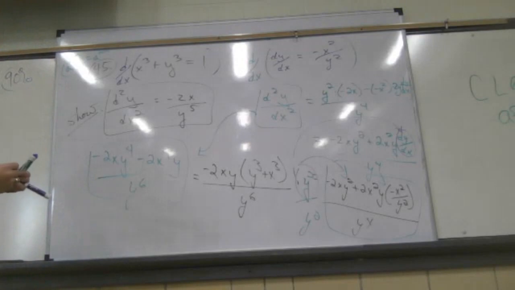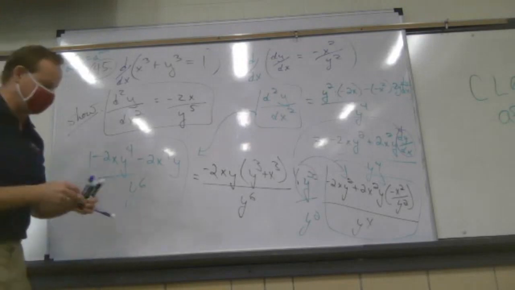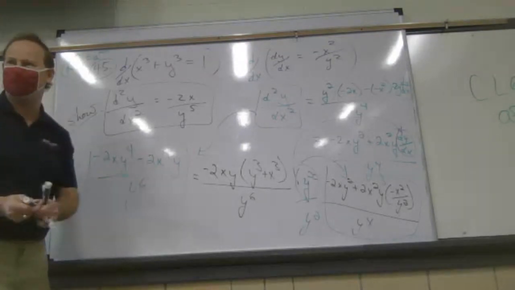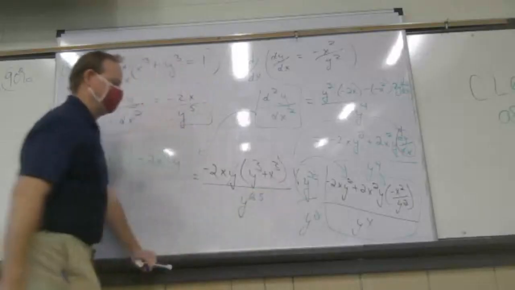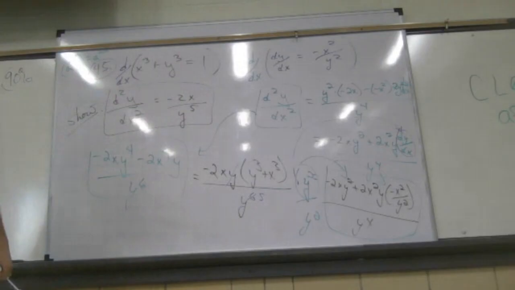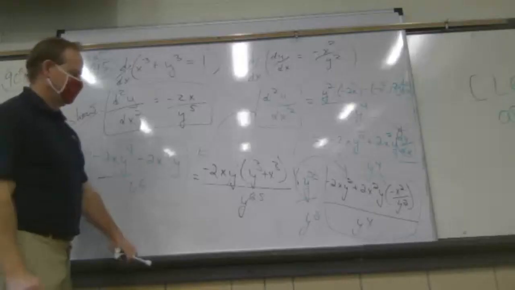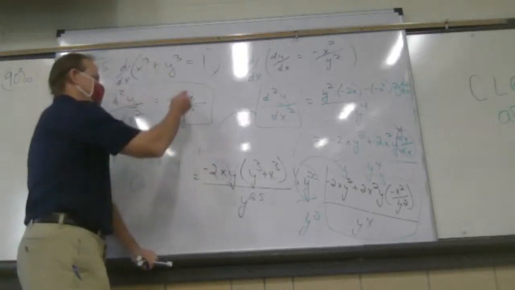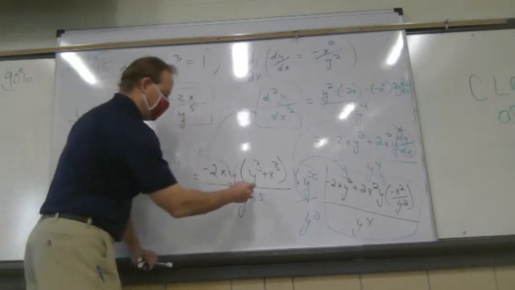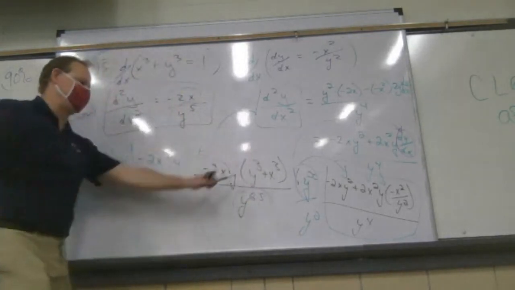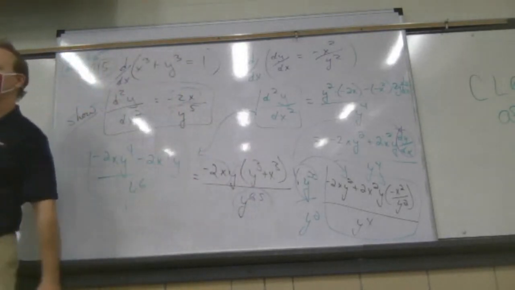Now, I can see real quick, I'm getting closer, that one of the y's cancels, right? And I'm left with y to the fifth power. Everybody agree? So it's close. I've got minus 2x on top, and y to the fifth on the bottom. The problem is I've got this y cubed plus x cubed, so what did I do wrong?